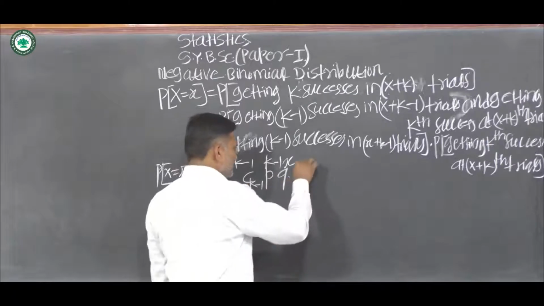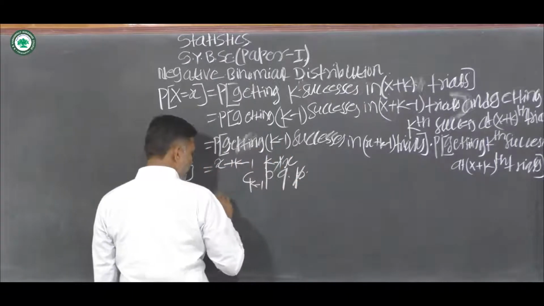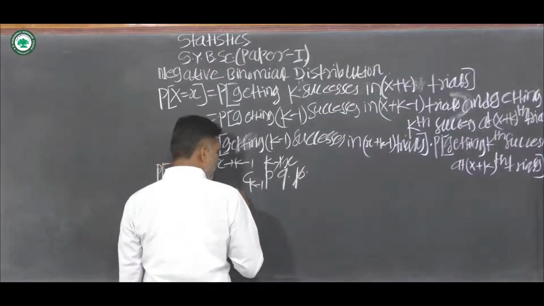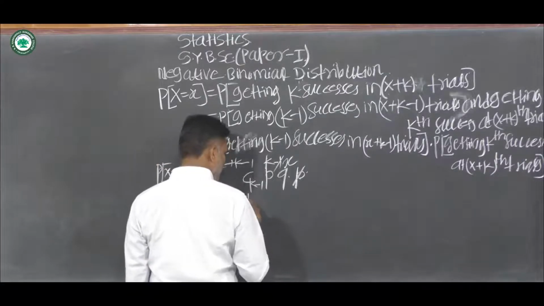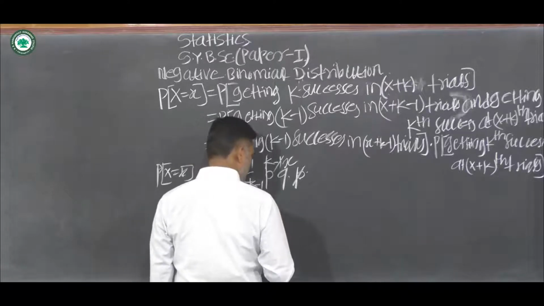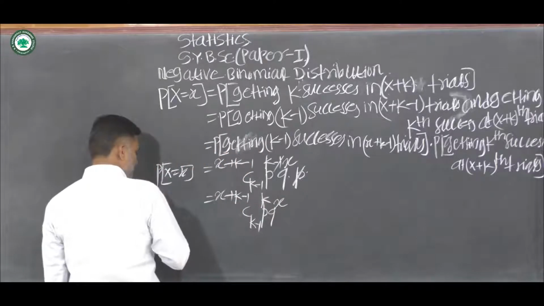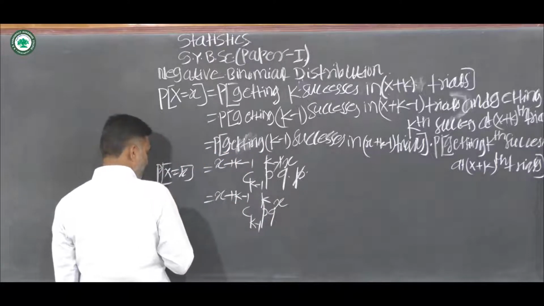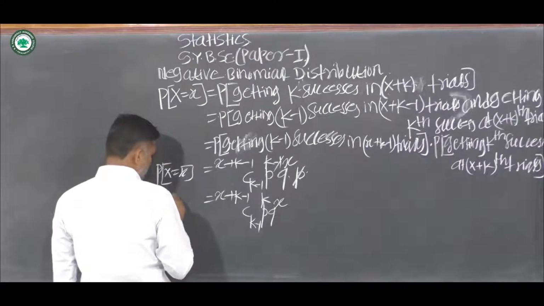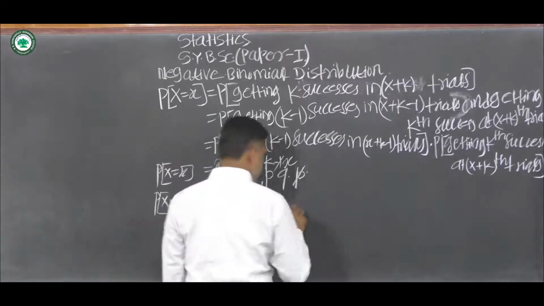Now here this p combines, giving x plus k minus 1 C k minus 1 into p raised to k into q raised to x. This is the probability of the number of failures before getting the kth success.